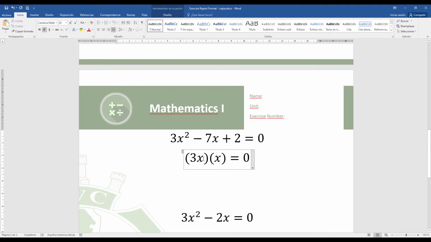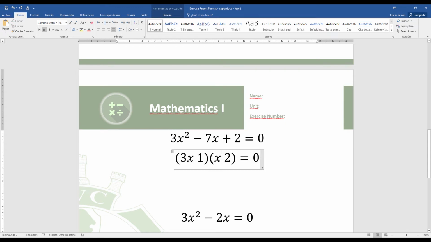But you need to remember, when you multiply 3x by 2 and 1 times 1, you need to add and get -7.